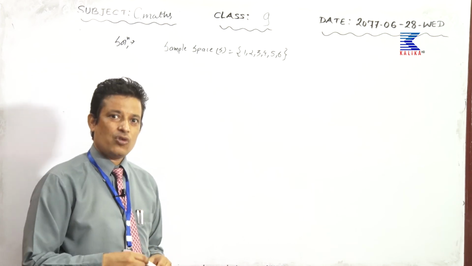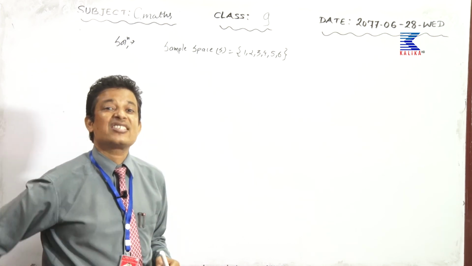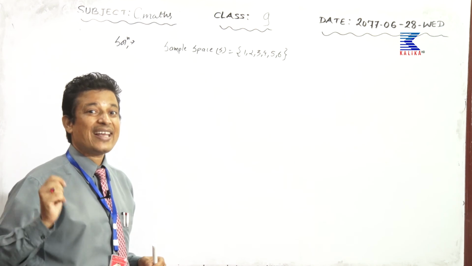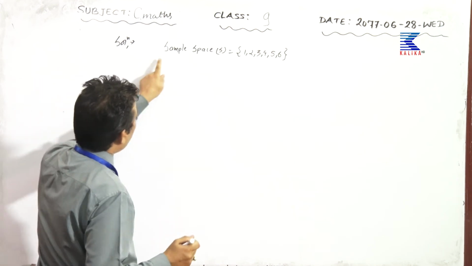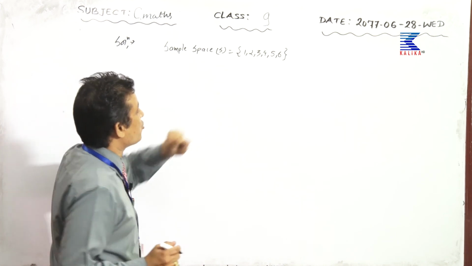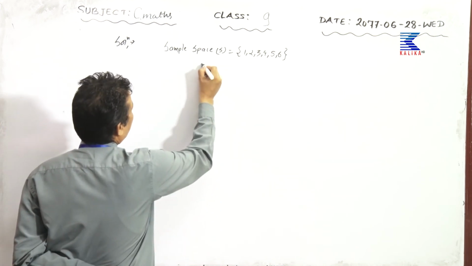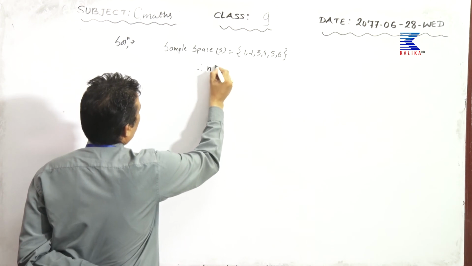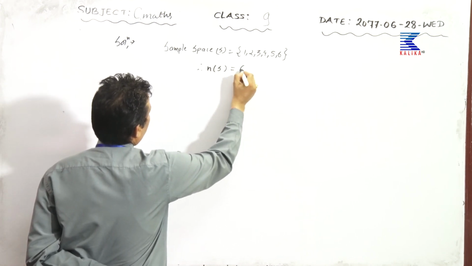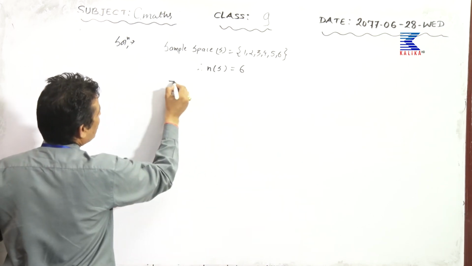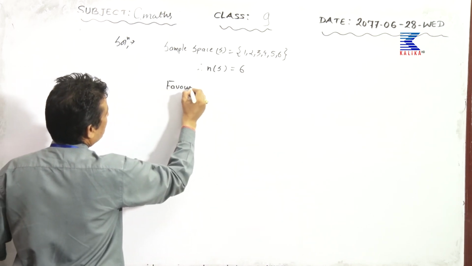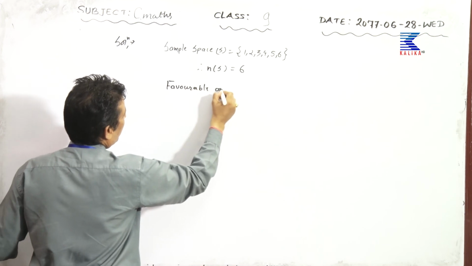What is the probability of getting a 6? This is the question. For that, at first we write the sample space: 1, 2, 3, 4, 5, 6. Then the number of sample space n(S) will be 6. 1, 2, 3, 4, 5, 6, numbers are there. And what is our favorable outcome? We are looking for 6.